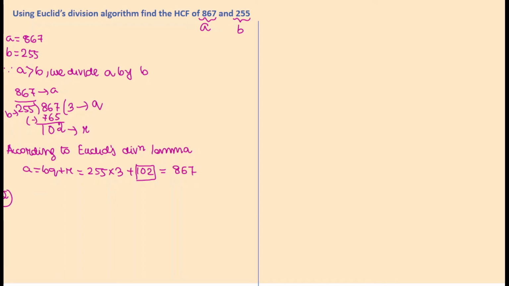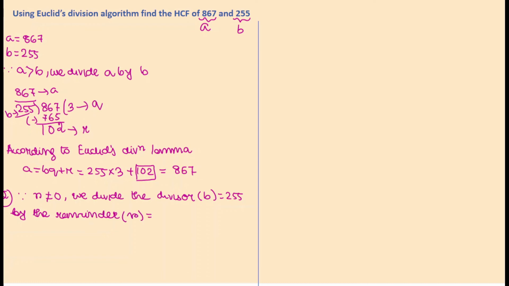In the second step, since R is not equal to 0, we divide the divisor we obtained in the latest step, B, that is 255, by the remainder R, that is 102. Let's perform the division.